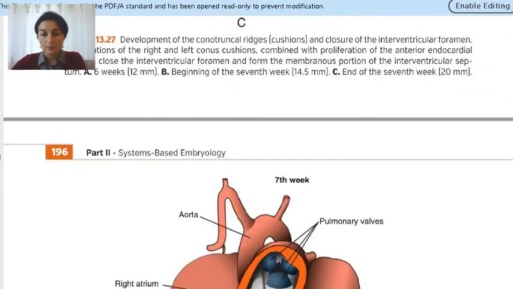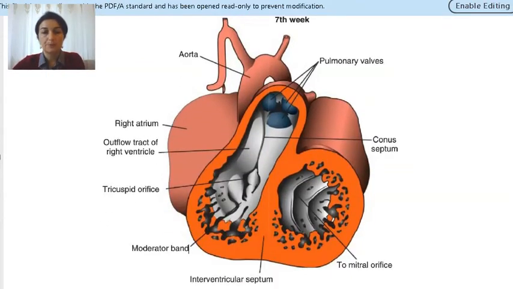Pulmonary valves also develop here. So the conotruncal swellings subdivide this lumen into two channels. At the same time, they create the valves at the entrance of these large vessels. So here we will have these valves.